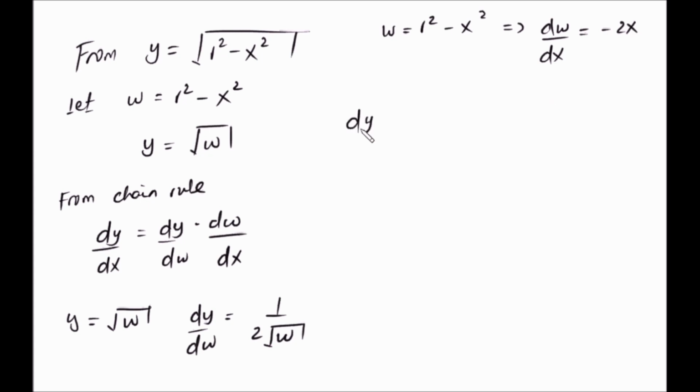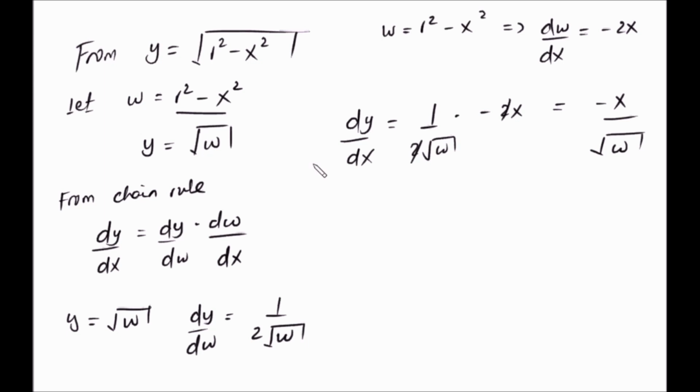So dy dx now from chain rule, sasa na dy dw hii hapa 1/2 the square root of w times dw dx ile kule negative 2x. So 2 and 2 goes. So ni negative x over the square root of w. But what is w? W tulisema ni huyu. Kwa hiyo kumbe dy dx ni sasa na negative x over the square root of r squared minus x squared.